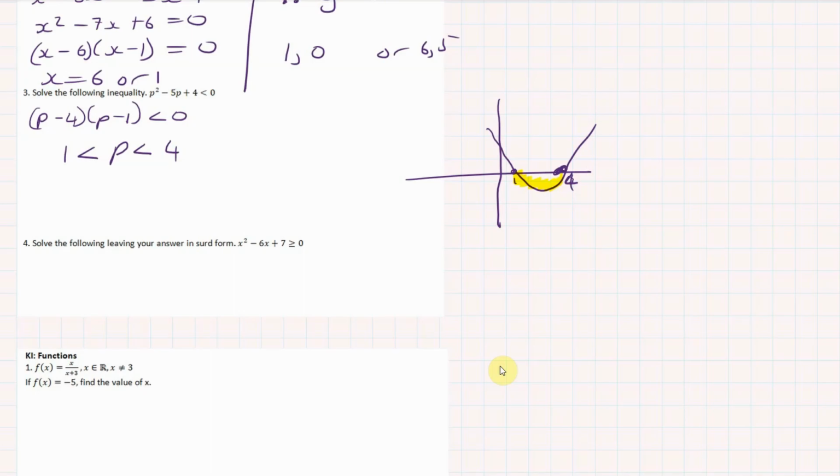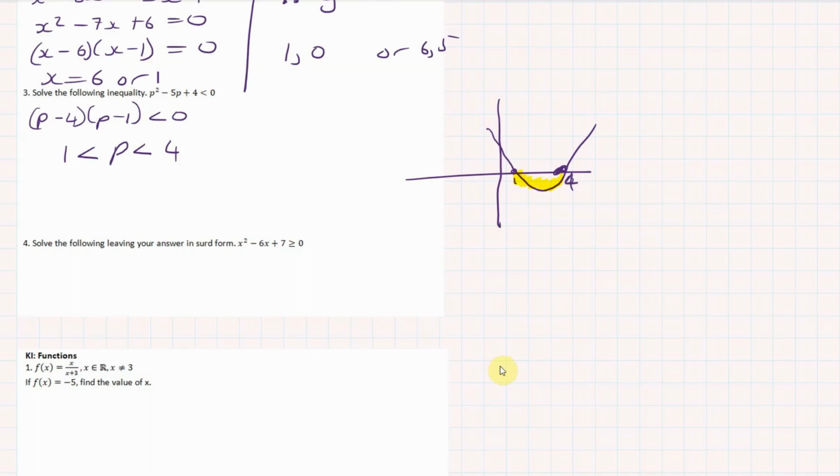Okay, so the next one, I've got to write the answer in surd form. There are a couple of ways of doing this. It's greater than or equal to 0. We could use the quadratic formula.